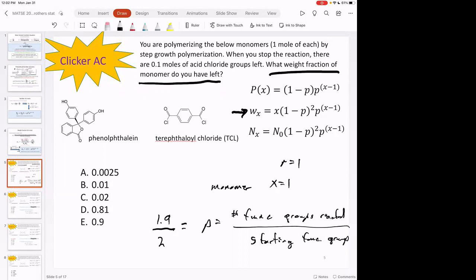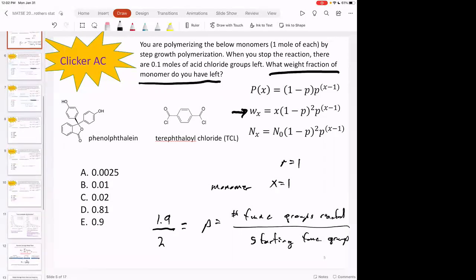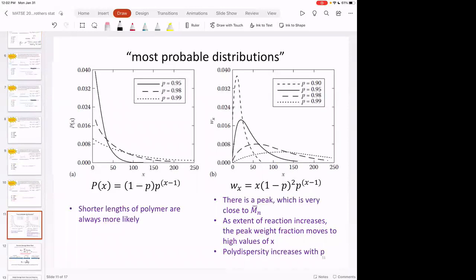All right. I want to show you 2 more slides in the last few minutes, and I'll stay and answer questions, so don't worry about that. When you plot out these most probable distributions, it looks really interesting. As a function of P, which is increasing conversion, and you can see the legend up here, I get more and more of this high XN stuff.